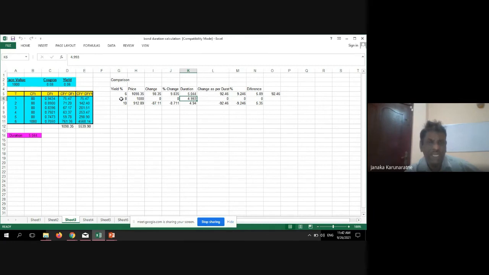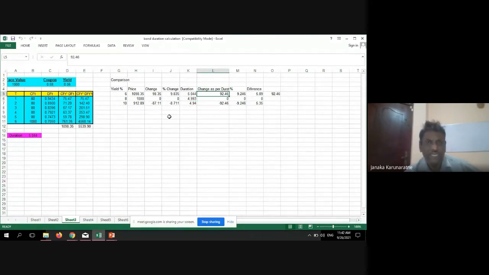So the duration change is minus 4.993 times 0.02 divided by 1.08. In the case of decrease, delta R is negative, so minus minus is positive, and you will get a positive change.